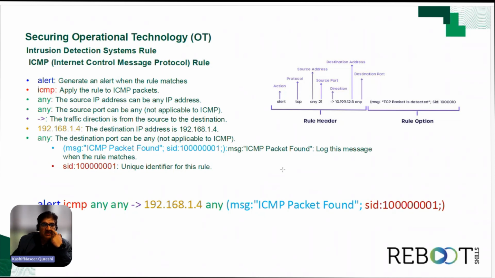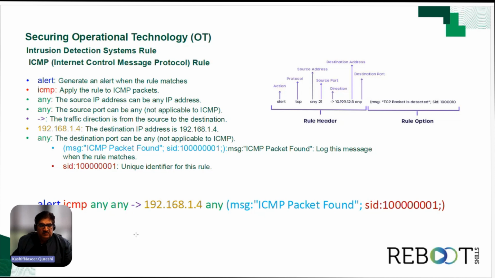For example, here you can see we have the alert, and this alert is a function, and we are generating an alert by using this component here. When the rule matches, this action instructs Snort to create an alert if the specified conditions in the rule are met. So this is the alert, the first component of this rule.